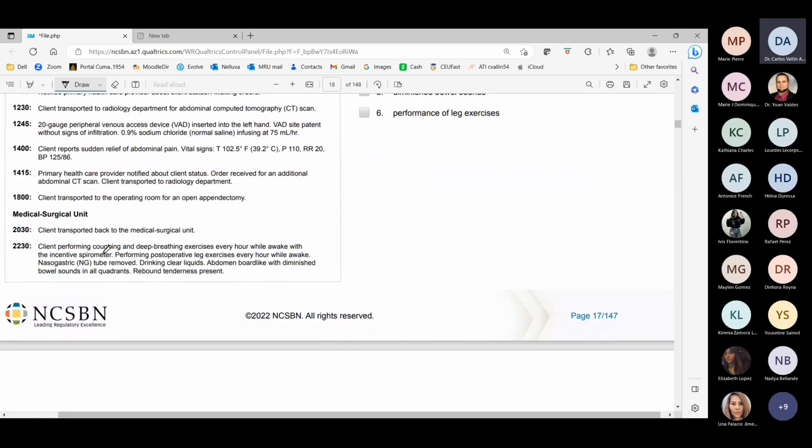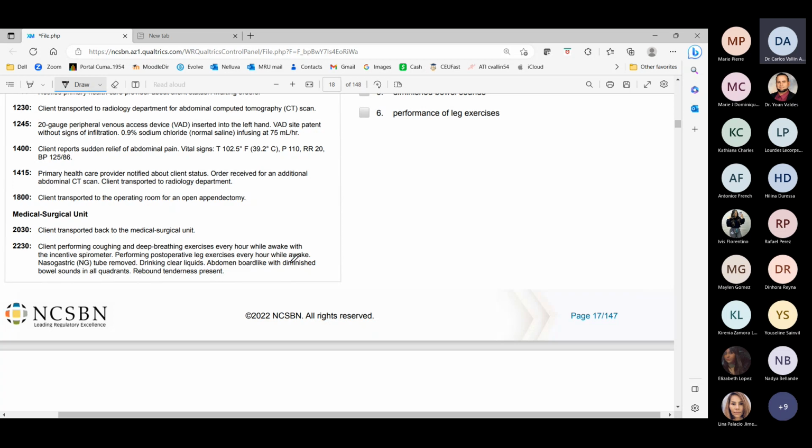It says client performing coughing and deep breathing exercises every hour while awake with incentive spirometer. Good. Performing postoperative leg exercises every hour while awake. Nasogastric tube removed. Good. Drinking clear liquid. Good.